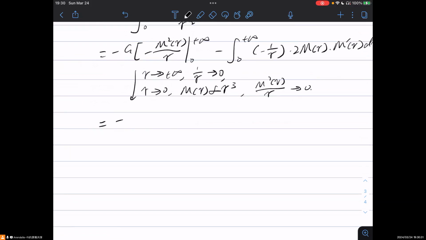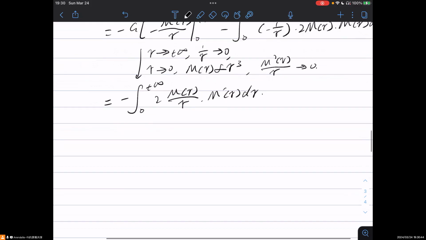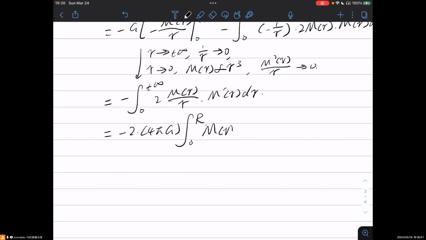Finally, we obtain minus the integral from 0 to infinity of 2 m(r) over r m prime(r) dr. And using the expression for m prime(r), we obtain minus 2 times 4 pi G integrate from 0 to capital R m(r) rho(r) times r dr.